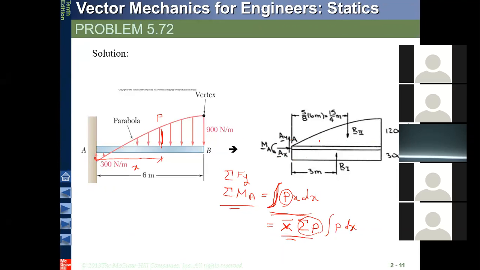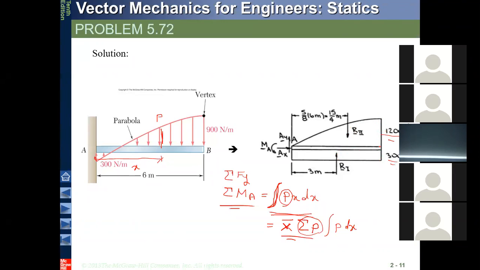So if you write this distributed load as the sum of these two distributed loads, in which the first one is a parabola with the maximum amount 1200, and then you have some constant distributed force with the negative sign, and the amount is 300. Then if you sum these two loads, you're going to get 900, right?